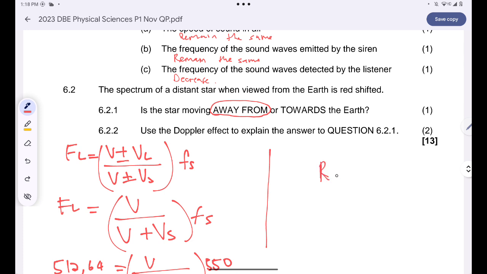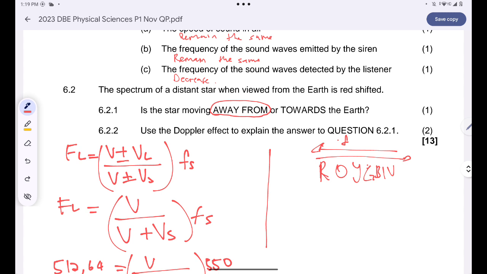Remember that we have ROY G BIV. Are you together? So if you move towards red, it simply means that you have a lower frequency. But if you move towards violet, you'll have a higher frequency. So that's why I'm saying this simply means that the star is moving away from the Earth because it is being redshifted.